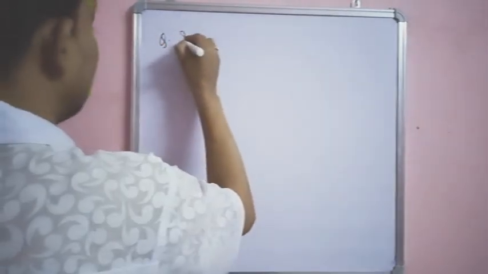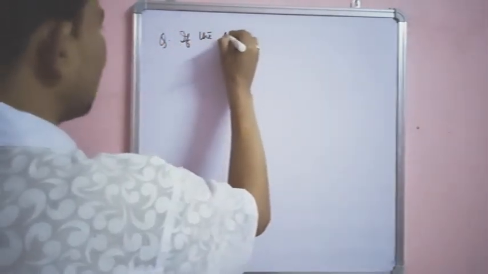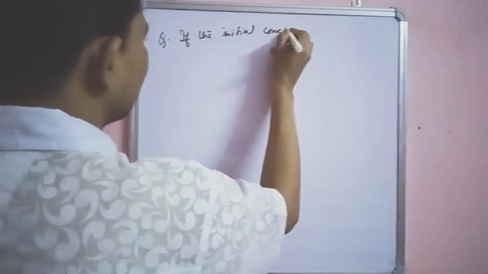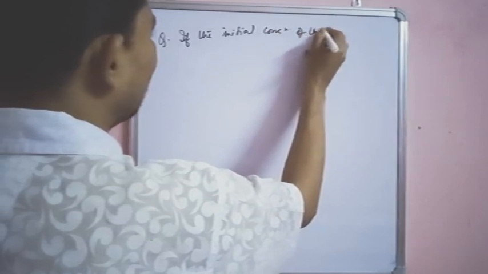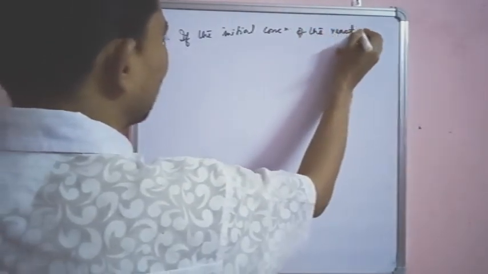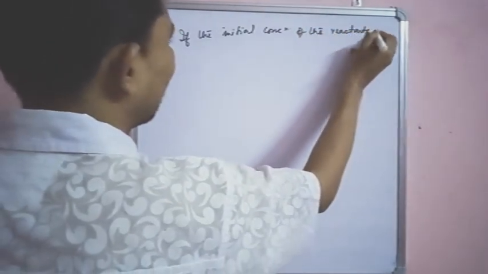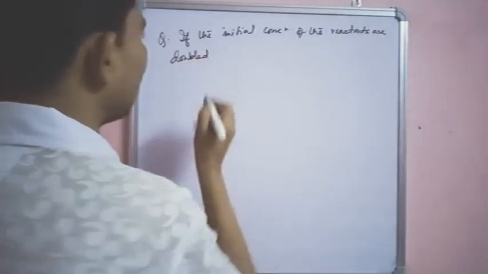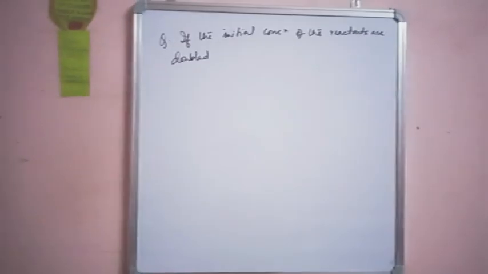So the question is, if the initial concentration of the reactants are doubled, then half-life becomes half.